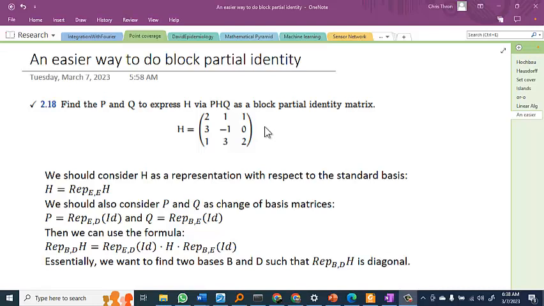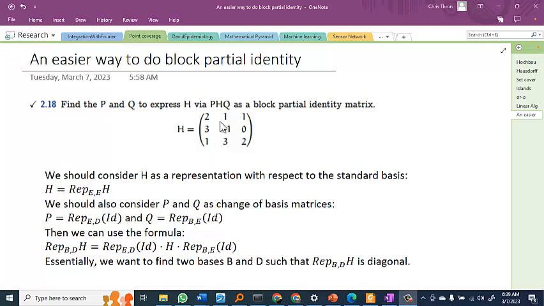If I have 1, 2, 3 as a column vector, that's 1 times basis vector E1 plus 2 times basis vector E2 plus 3 times basis vector E3. And the result, whatever it is, will also have coefficients A, B, C. That's A times basis vector E1 plus B times basis vector E2 plus C times basis vector E3. So whenever you have a matrix, you can consider it as a representation with respect to the standard basis.